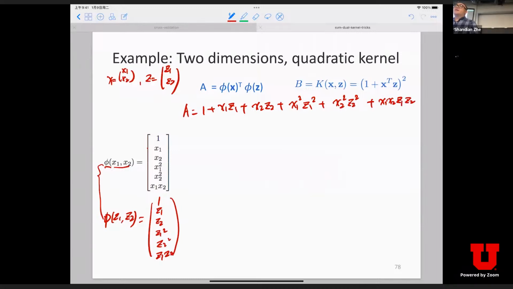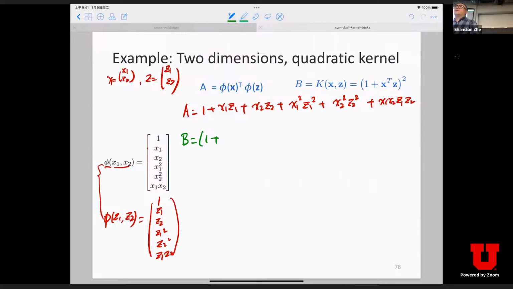It's straightforward, right? You do the feature mapping over x and z, then you just do the dot product over these two mapped feature vectors. So now let us look at B. B is not performing any explicit feature mapping. It's just computing (1 + x transpose z) and taking the square. So what is x transpose z?